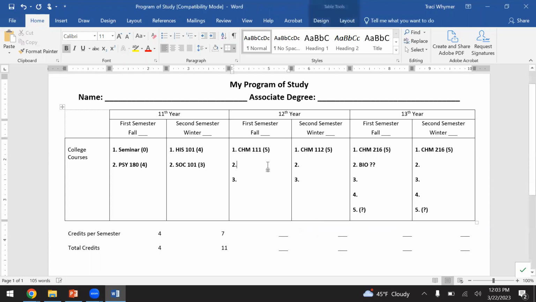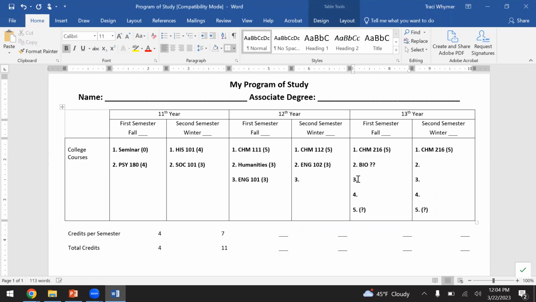So this is where you can start mapping out, I'm going to take my other humanities, but I don't really know which one I want to do, but I know it'll probably be a 3 credit class. And then I'm going to try to place into English 101 and get that going in my 12th grade year. So you can start mapping out your requirements and making sure that you're going to fit them all in.